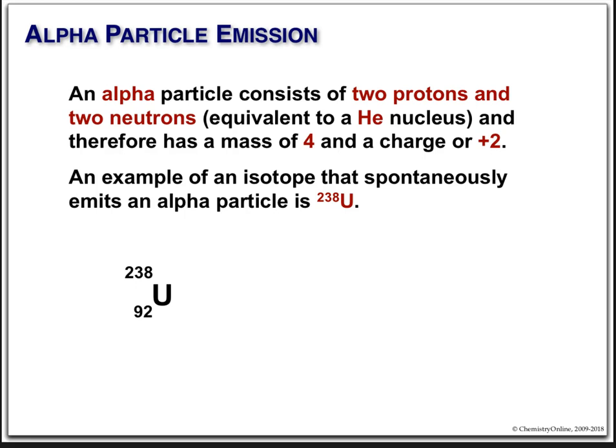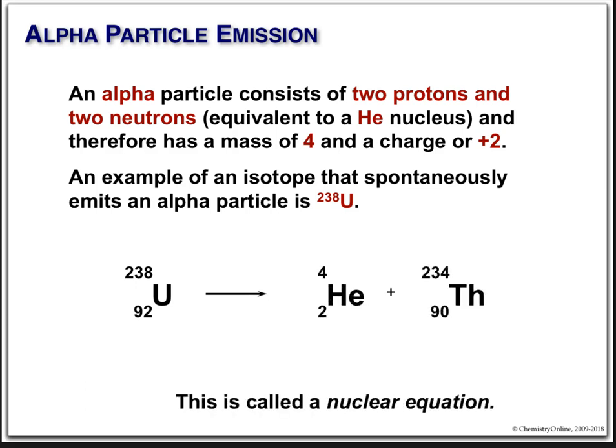It's the most common form. Uranium-238 has an unstable nucleus, and it can lose 2 protons and 2 neutrons. When it does, this is our alpha particle right here, it will change to a different element.